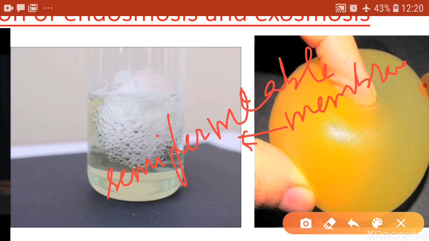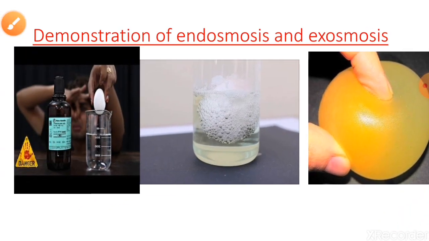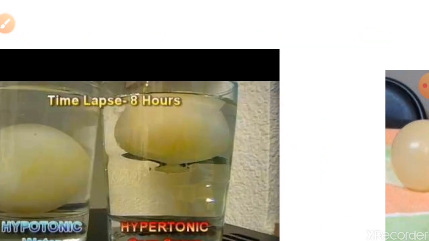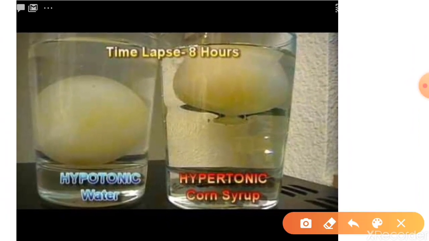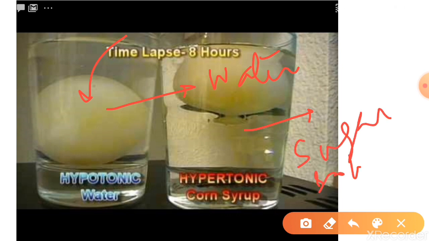So now we start our activity. Two such de-shelled eggs with a thin membrane have to be made, and after this we take two containers. In one container we put water and immerse the de-shelled egg in it, and in the other container we take sugar solution and put the other egg in it.